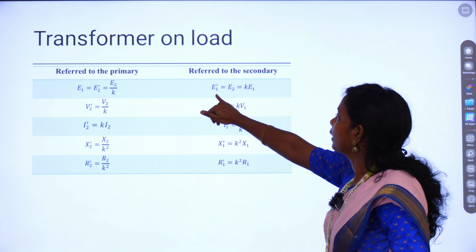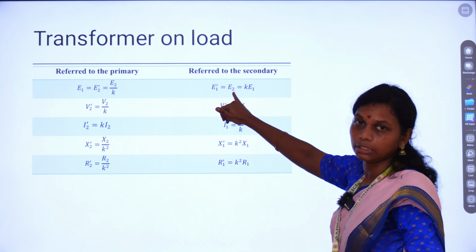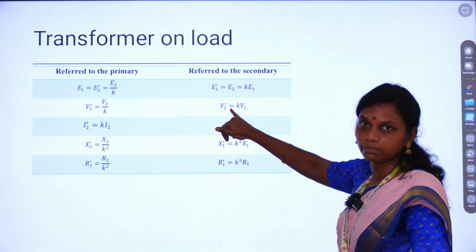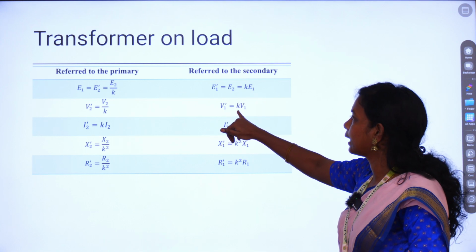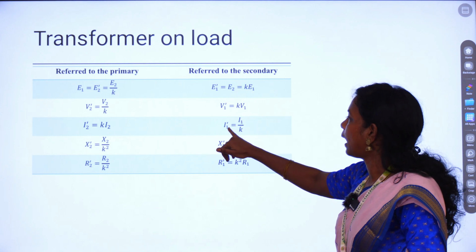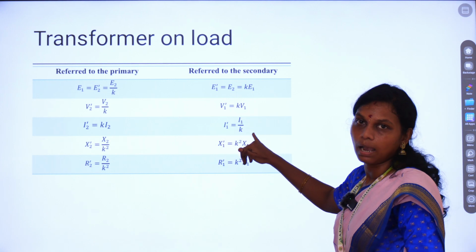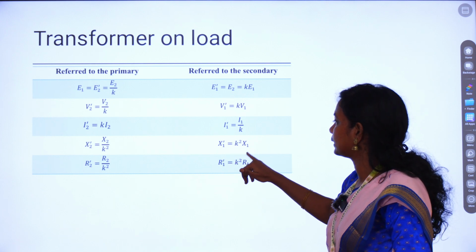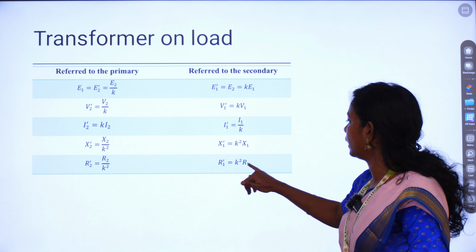So while transferring, E1 dash is equal to E2, which is equal to K into E1, and for the primary voltage, K into V1. I1 dash is equal to I1 divided by K, X1 dash is equal to K square X1, R1 dash is equal to K square R1.